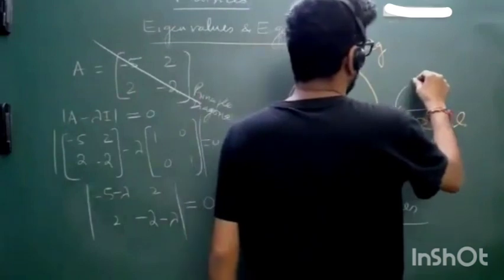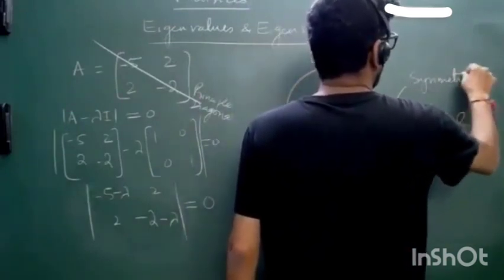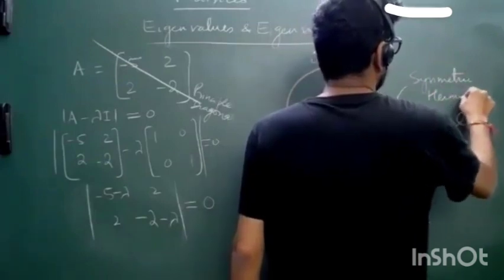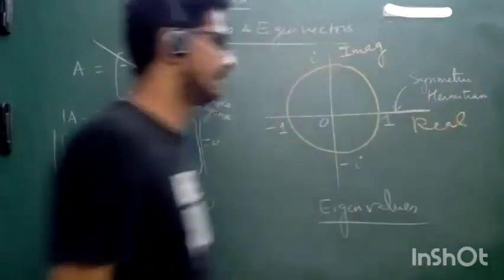All eigenvalues of symmetric and Hermitian matrix will lie on the real axis. Please see this.